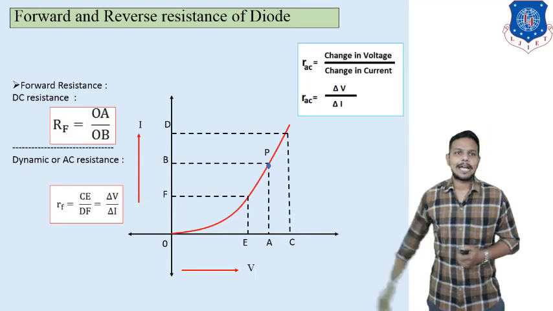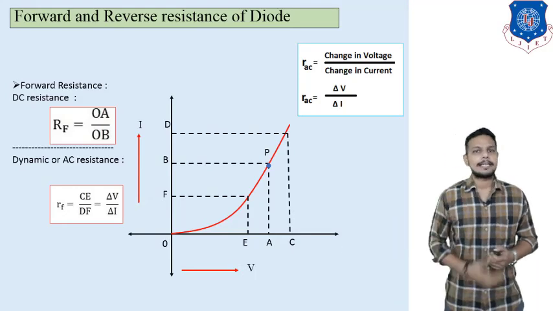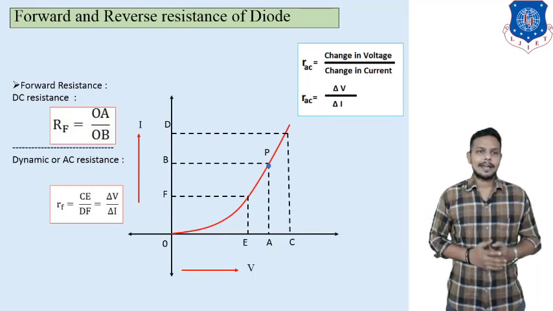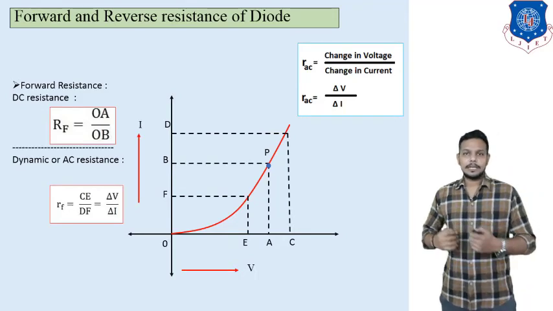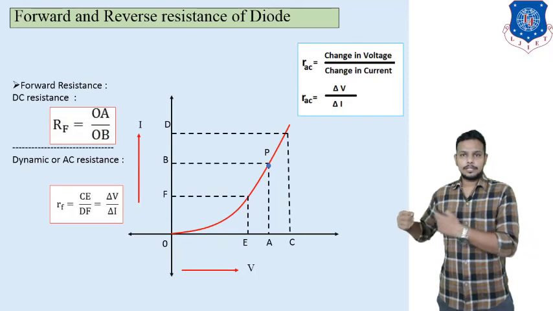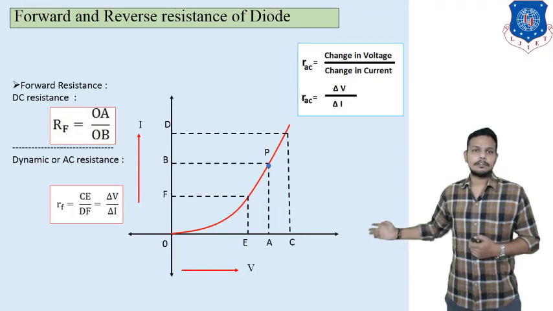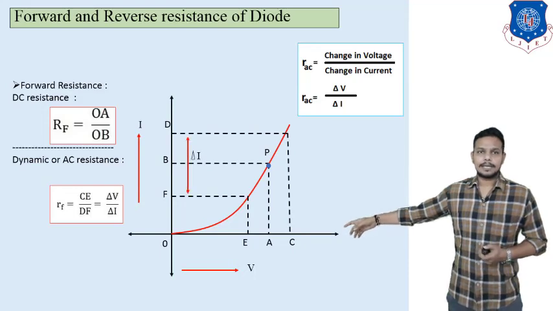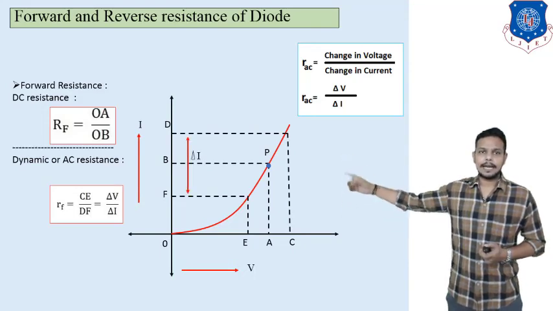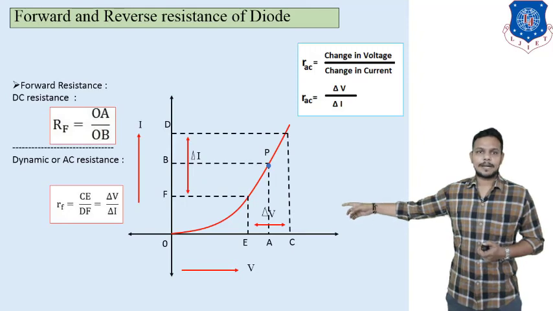Now let us discuss dynamic resistance, or we can say the AC resistance. So RF is the AC resistance. It changes differently with time. Here we can see delta I and delta V, these different parameters.